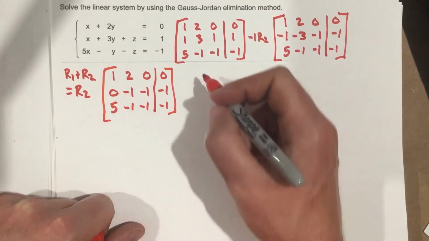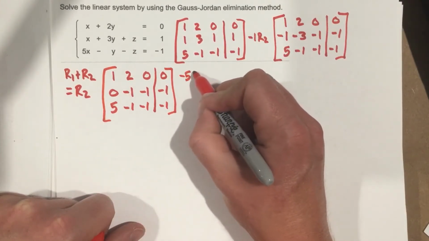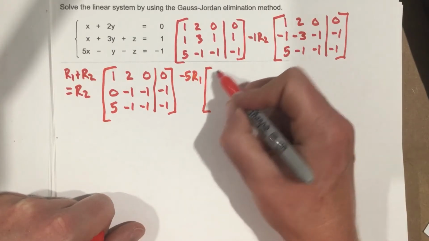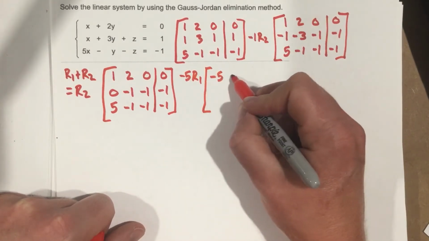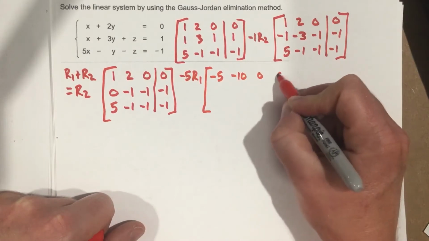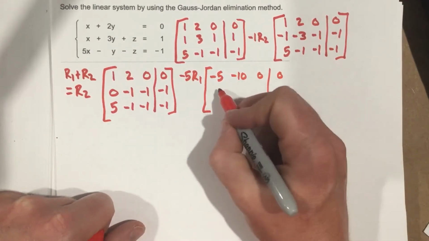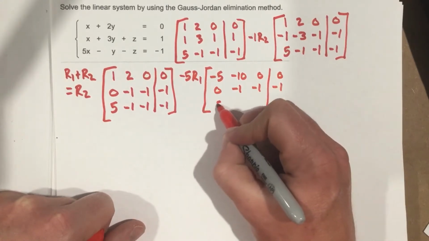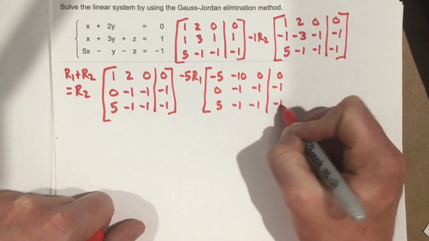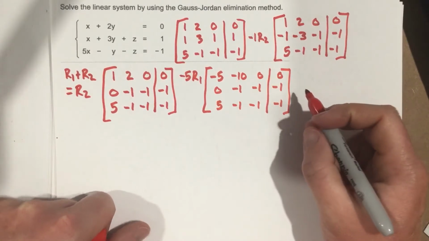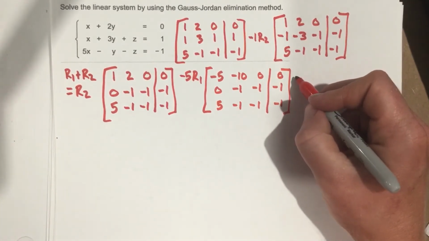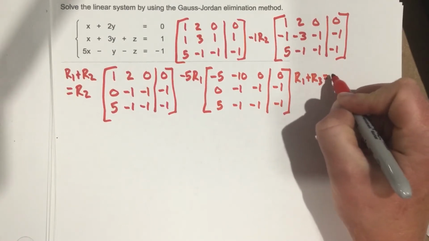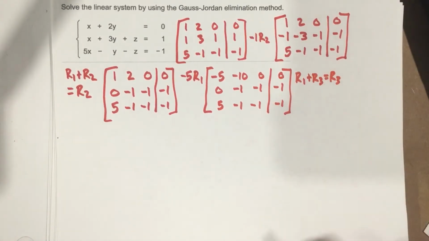Now I'm going to get that bottom row by taking negative 5 row 1, and that's going to be negative 5, negative 10, 0, 0. Then 0, negative 1, negative 1, negative 1, and 5, negative 1, negative 1, negative 1. All right, let's take row 1 plus row 3, and that should equal row 3.